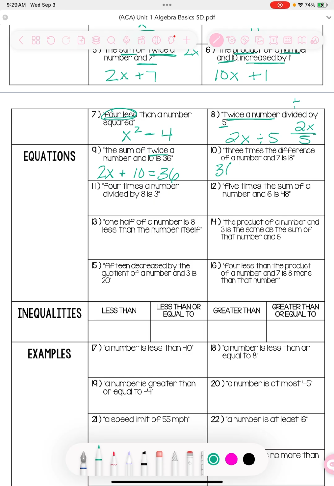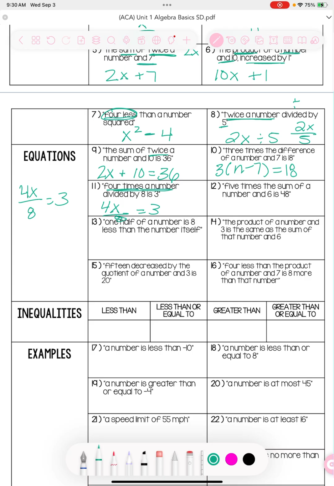So 3 times the difference of a number and 7 is 18. 4 times a number divided by 8 is 3. Let me write that again so it looks nicer. 4x over 8 is equal to 3.